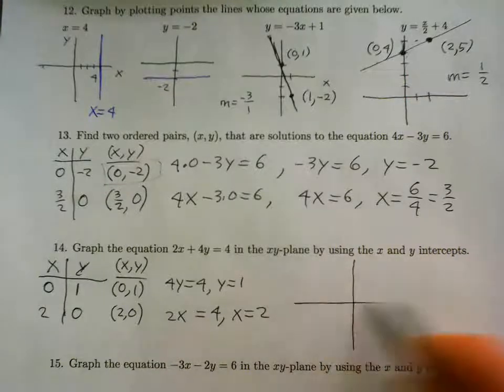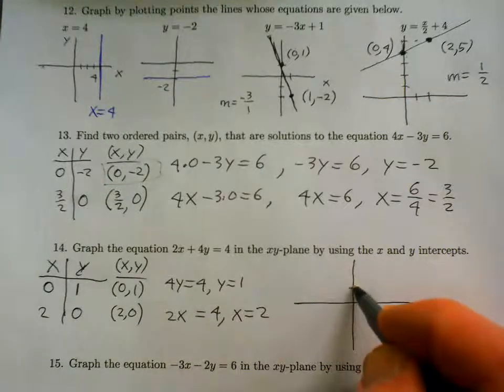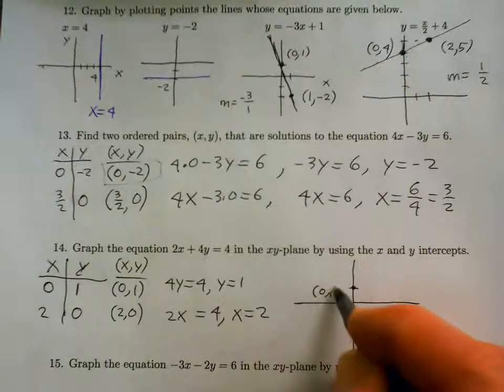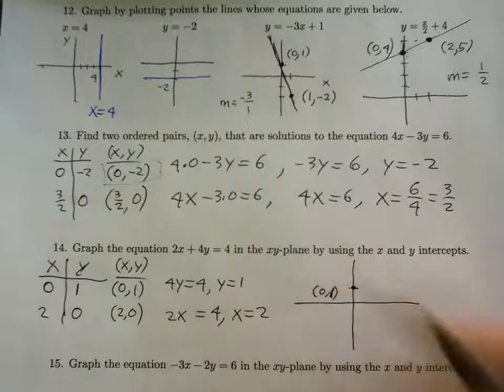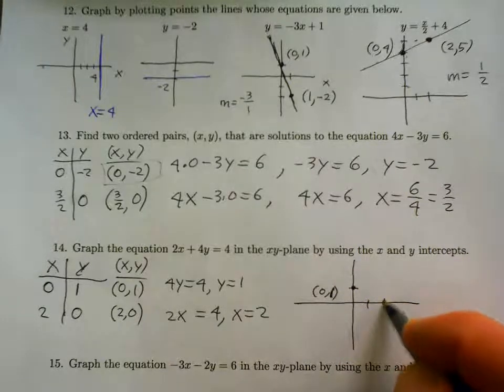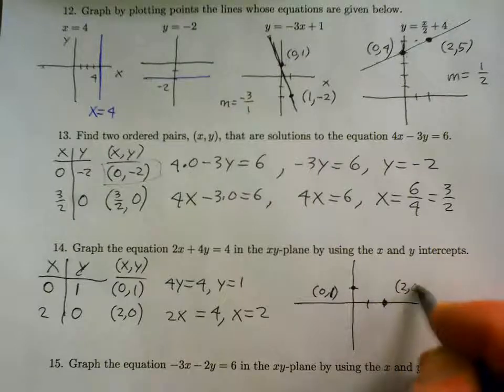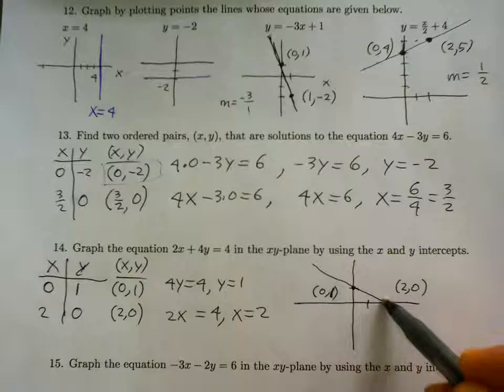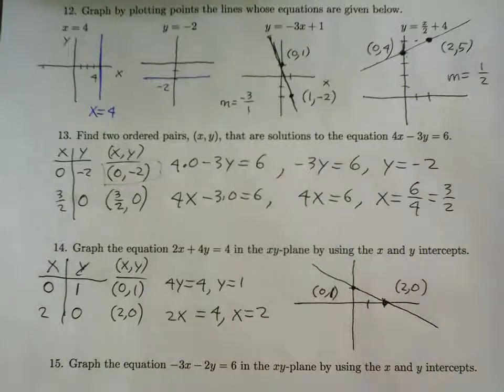And then plot (0, 1). Remember to label the point (0, 1). Plot (2, 0) and label it, and then draw a straight line through those 2 points.